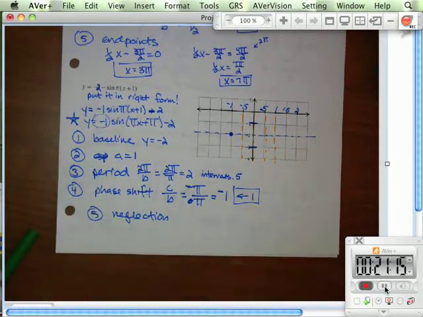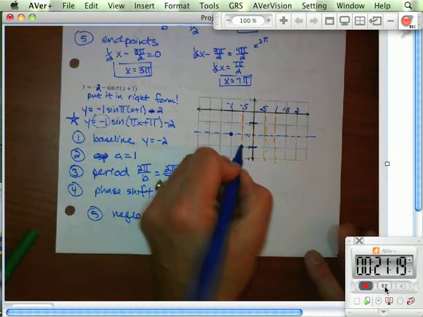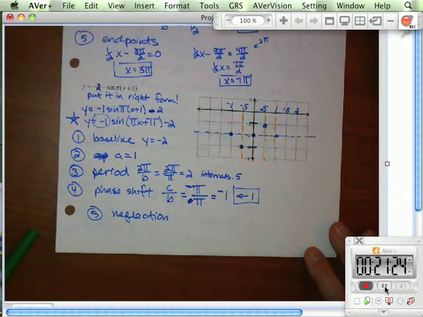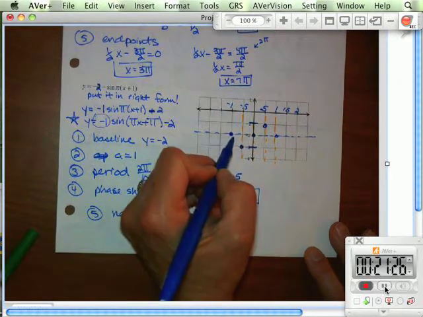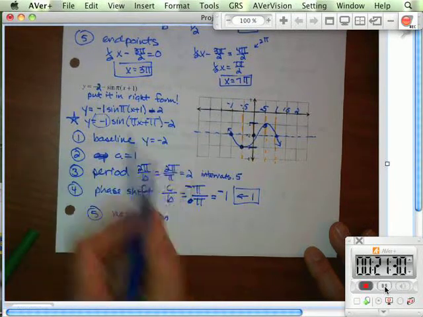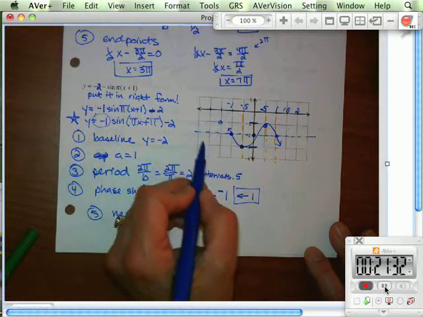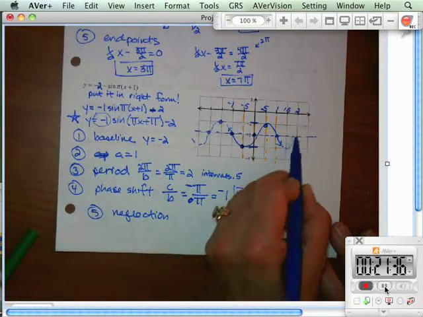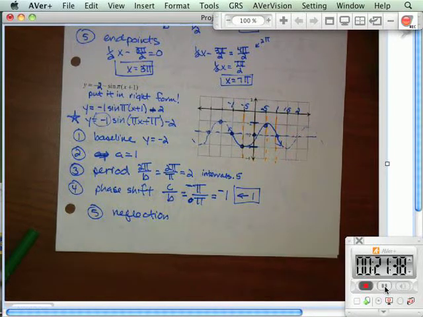So instead of going up, I do what? Go down. How many points do I need? Isn't that cool? And then you can keep going in both directions because it's a sine graph.